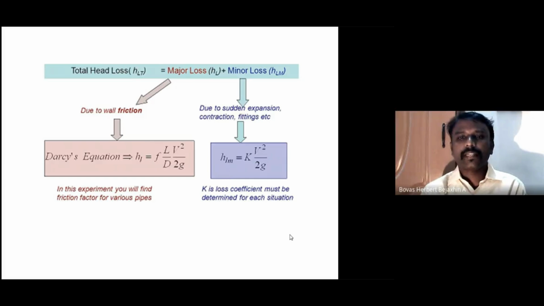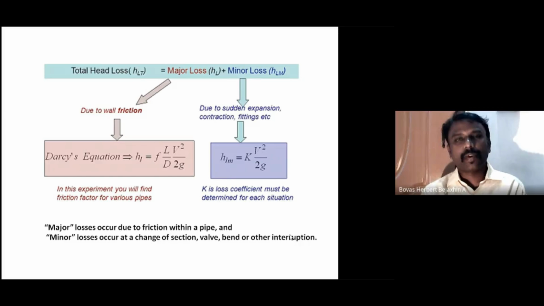Due to sudden expansion or contraction, we can use the formula K into V square by 2g, where K is the contraction coefficient, expansion coefficient or pipe fitting coefficient, etc. Major losses are due to friction, and minor losses, as I already said, occur at a change of section, valve, bend, or some other interruption.